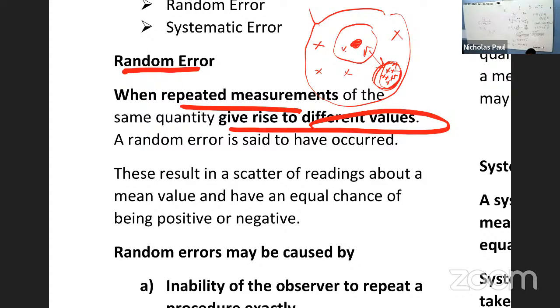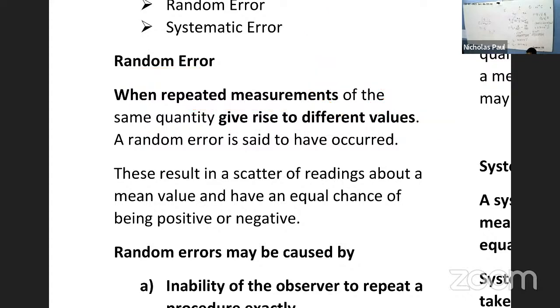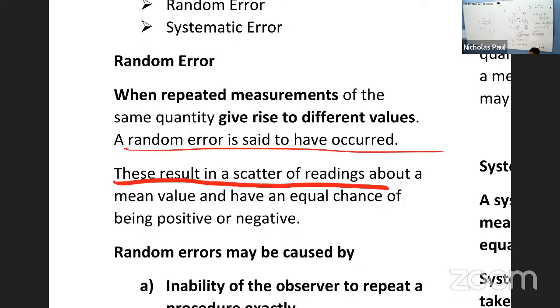That's why it's so far away. A random error results in a scatter of readings about a mean value, and they have equal chance of being positive or negative. So if this is the actual value, when you perform the experiment you can get error on either side. It can be smaller or it can be larger.